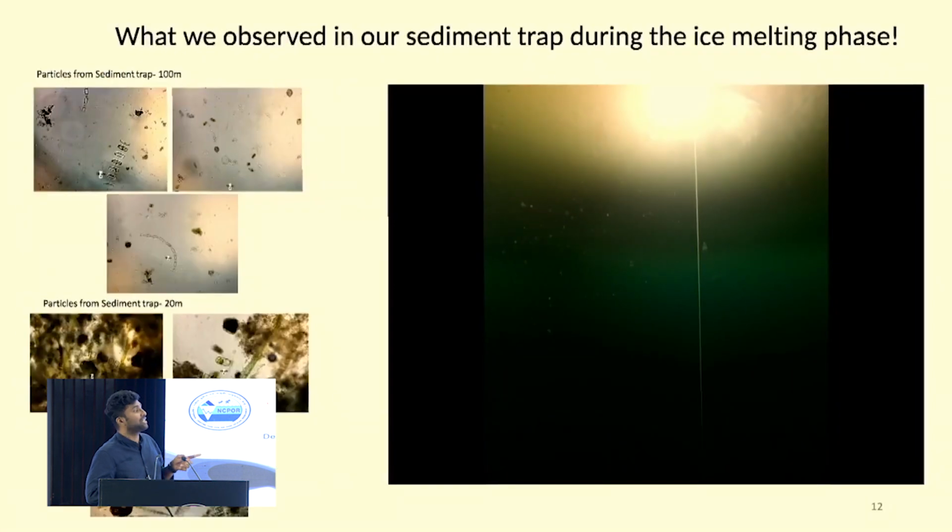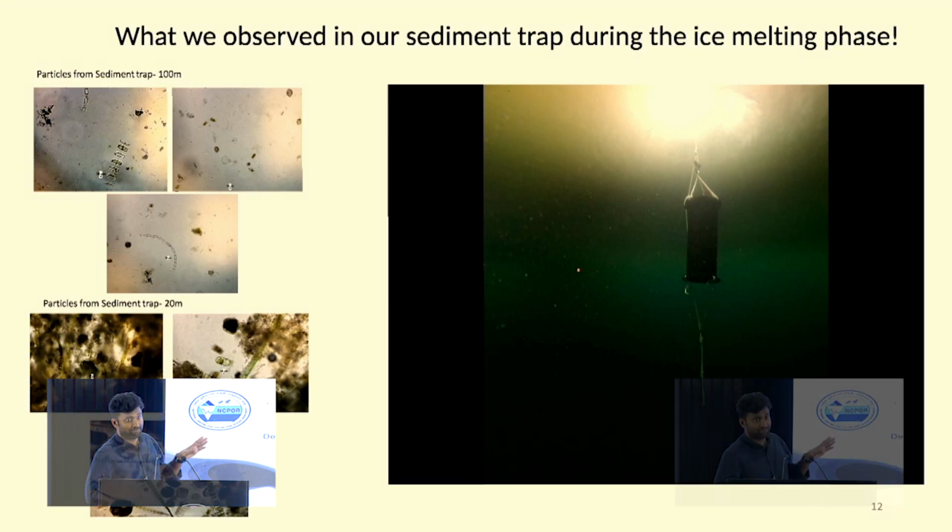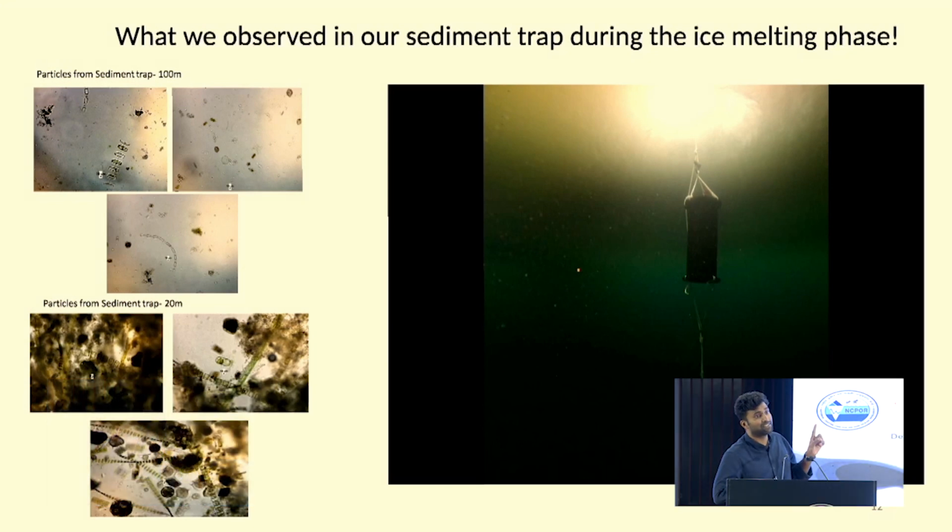Now we deployed a sediment trap last July. This is how we recovered the sediment trap. This is just a vessel which has a mechanism so that whatever falls into the sediment trap will stay there, because there is hypersaline, high density water. So whatever falls will not escape. And that 100 meter sample you saw is mostly decayed material, but there are green algae also.